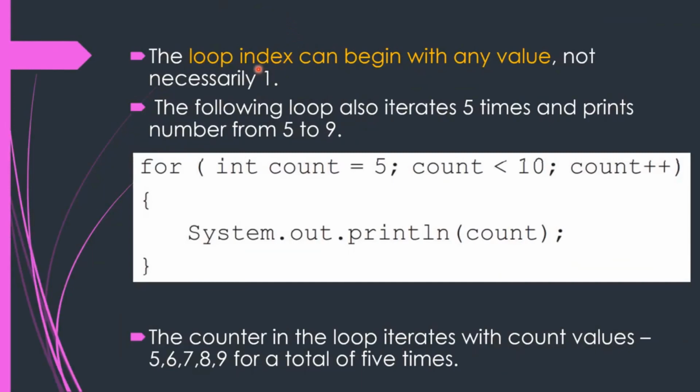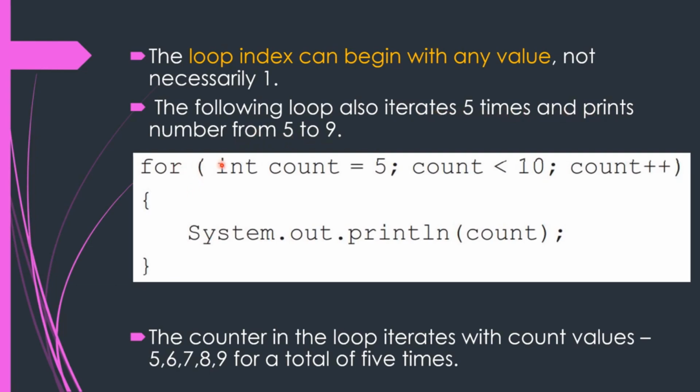Another important thing is the loop index can begin with any value, not necessarily 1. As we just took the previous example, in that example also we had not initialized the value as 1. We used it for various purposes, and this is what we should follow. The following loop also iterates 5 times and prints numbers from 5 to 9.